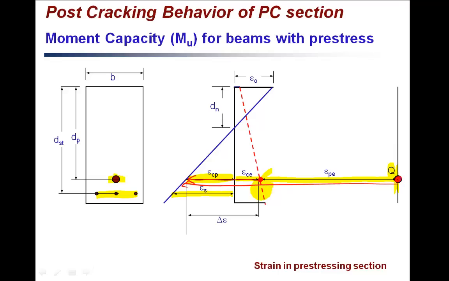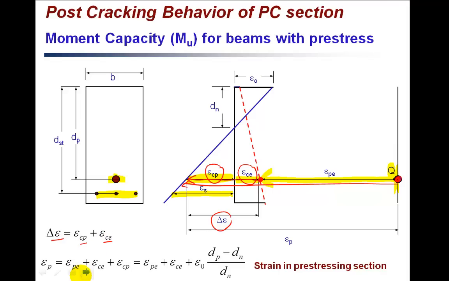So the change in strain for the concrete is epsilon Cp plus epsilon Ce, whereas the strain in the prestressing wire is the combination of this plus the initial tensile strain present in the prestressing steel.